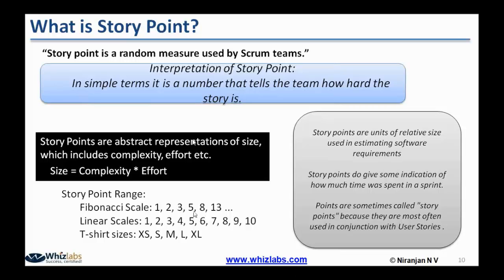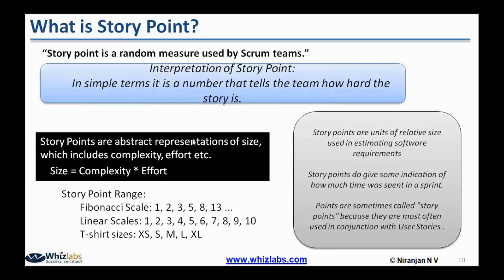So what it means is, when we are estimating the user stories, let us say there is a user story which is somewhere between 3 and 5. We don't have to know whether it is exactly 4 story points. Either it is 3 story points or it is 5 story points.